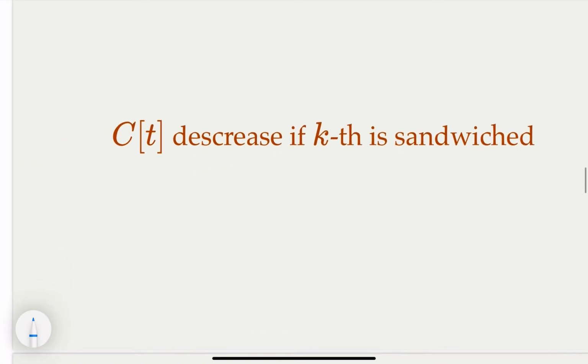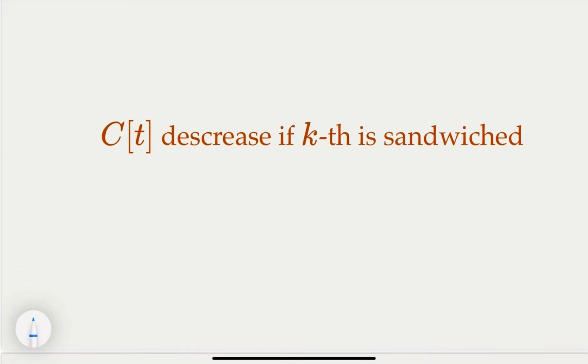So I claim that if the case position is sandwiched by different type, then the C always decreases. What do I mean by sandwich of different type? Remember, the rule of the game is that the case position you have to move to the front. So the case position, without loss of generality, let's say it's A. You're going to move the whole chain to the front of the sequence.